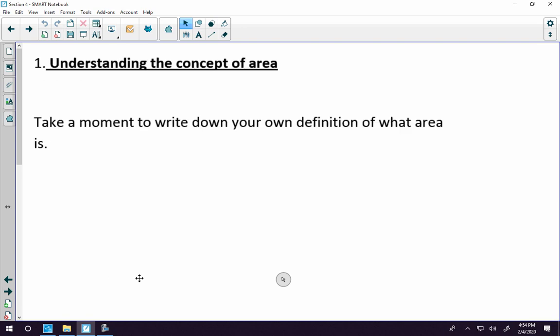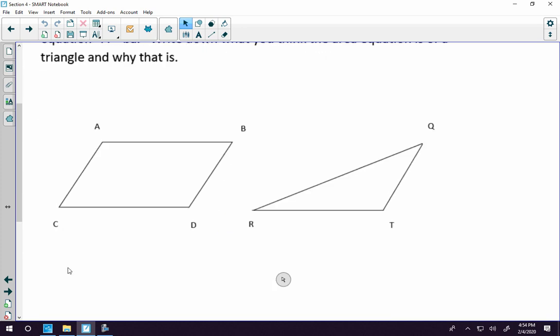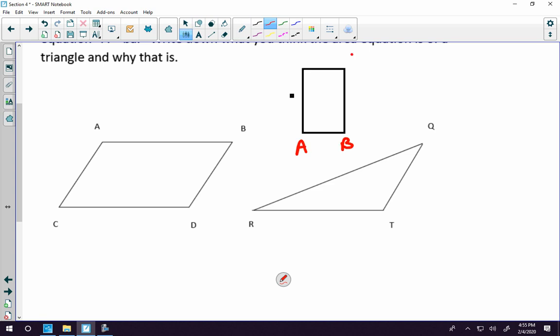I'll let you come to this if you want to and think about it and take notes on. I just want you to recollect what you think the definition of area means. The bottom line is this: the space inside of a parallelogram, or actually, since we covered that yesterday, I'll draw a rectangle, and we'll call it rectangle ABCQ.